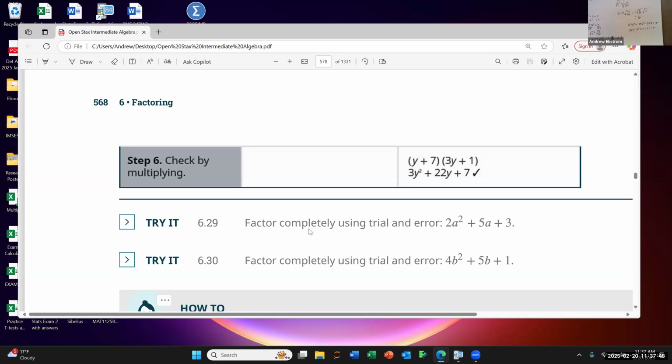When you look at something like this, I'll do one like it on paper so we can see what's going on here.